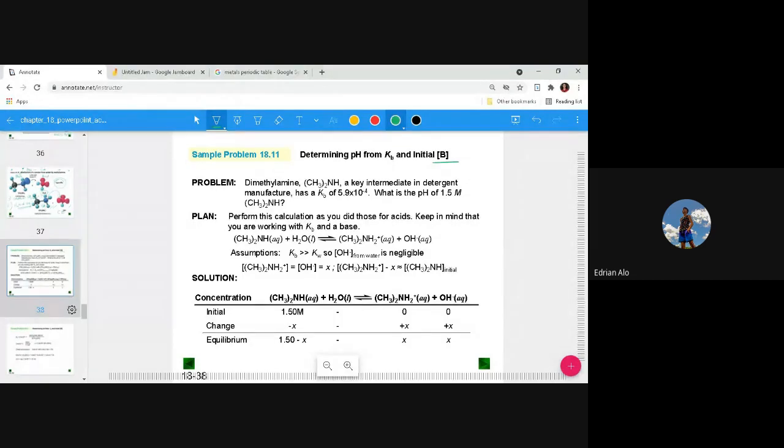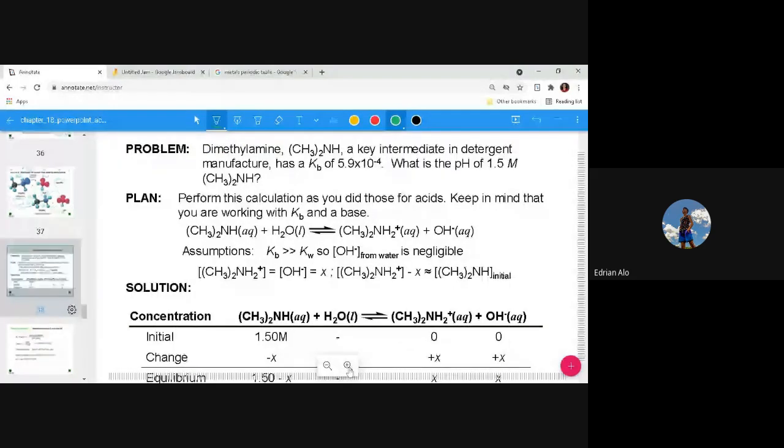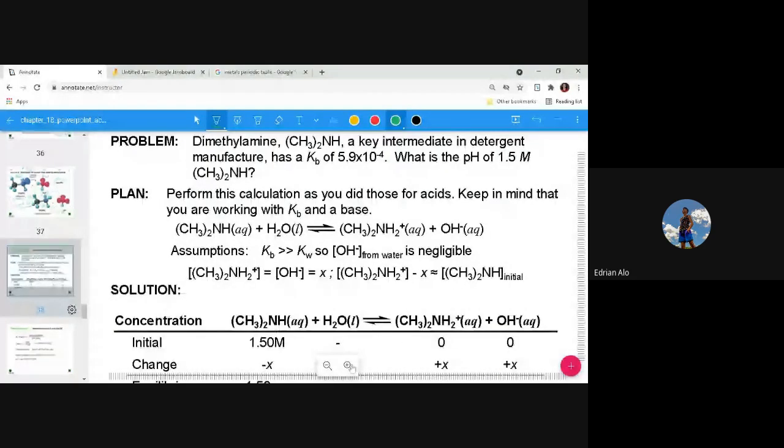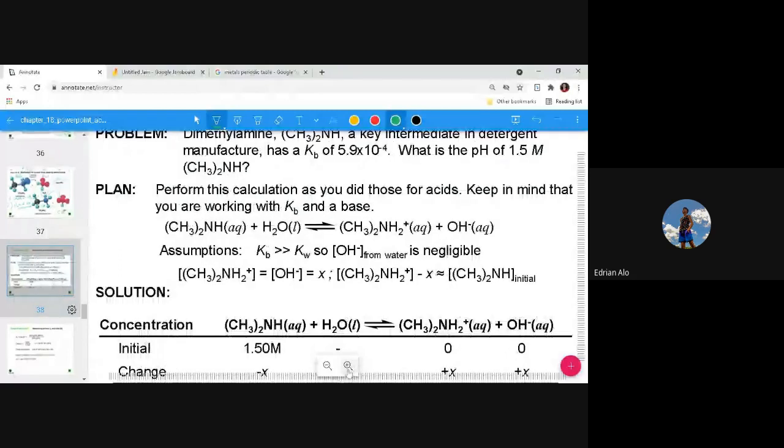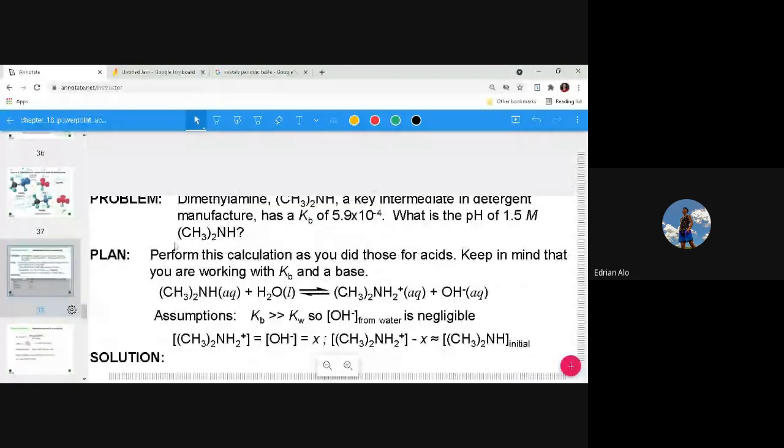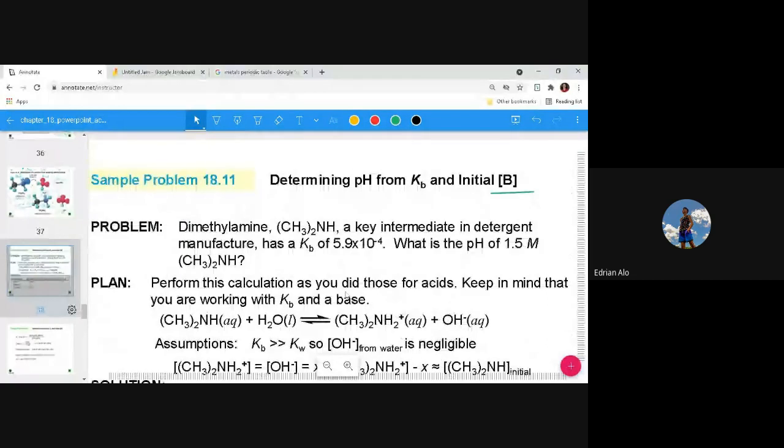What is the pH of 1.5 M (CH3)2NH? Perform this calculation as you did those for acids. Keep in mind that you are working with Kb and a base.